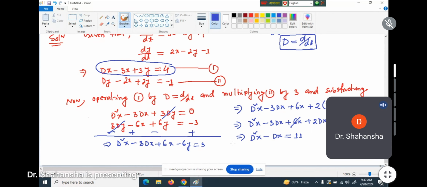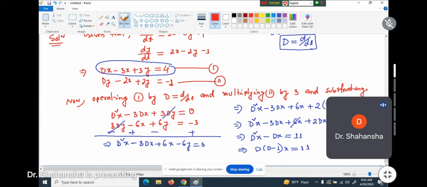Otherwise, write it nicely: D into D minus 1, that is, d square minus d, x equals 11.